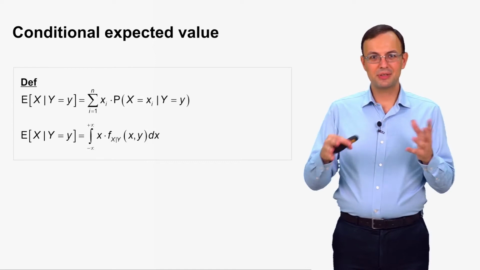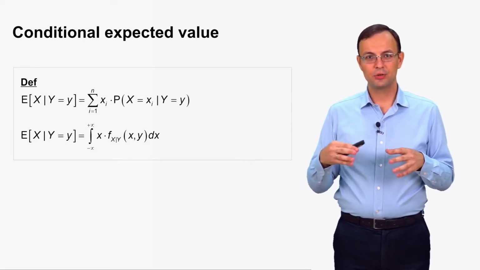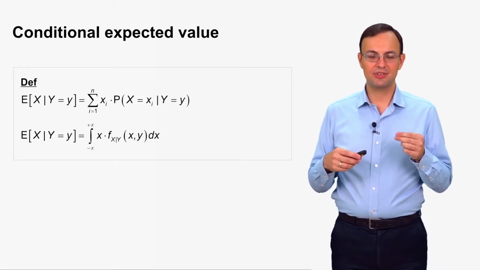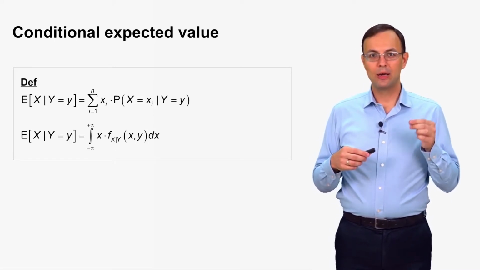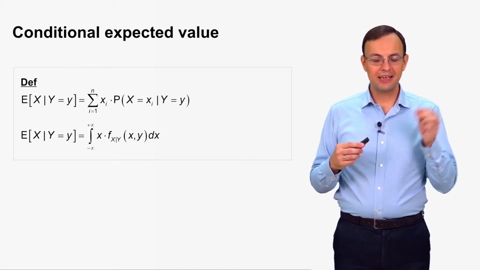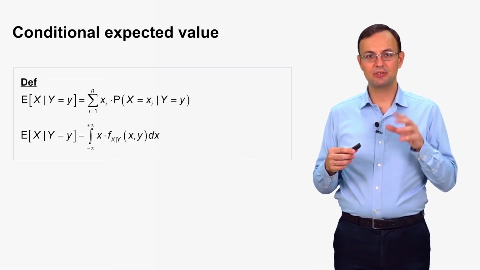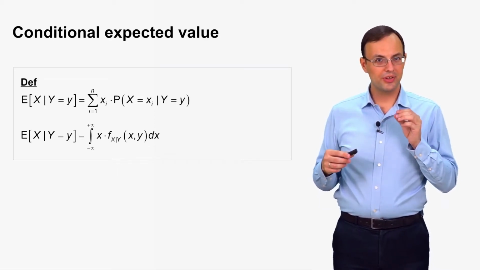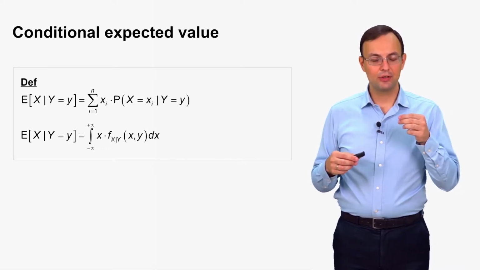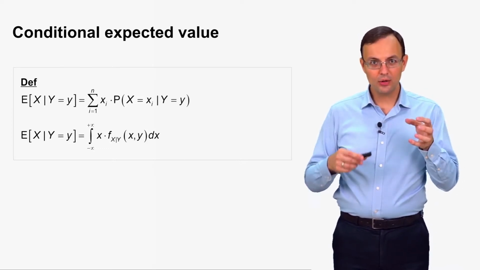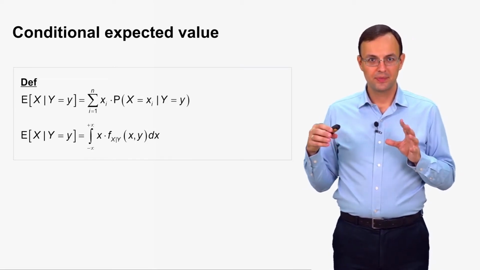If we go back to our example with weights and heights of random people, we can say that if we are interested in the mean weight of a random person that is 177 centimeters tall, then we are looking for the conditional expected value of x given that y is equal to 177.